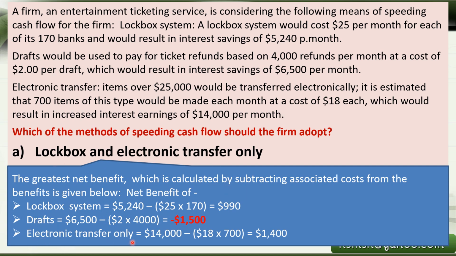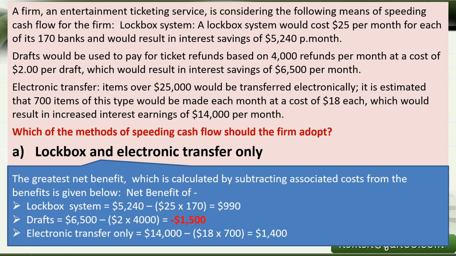And electronic transfer only: 14,000 saving per month against the cost of $18 each for 700 items. So it will come to $1,400.